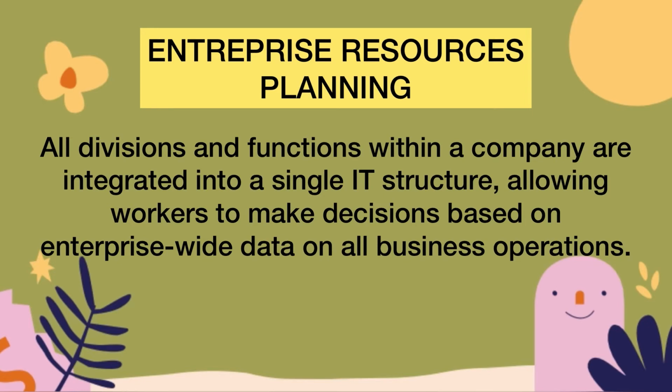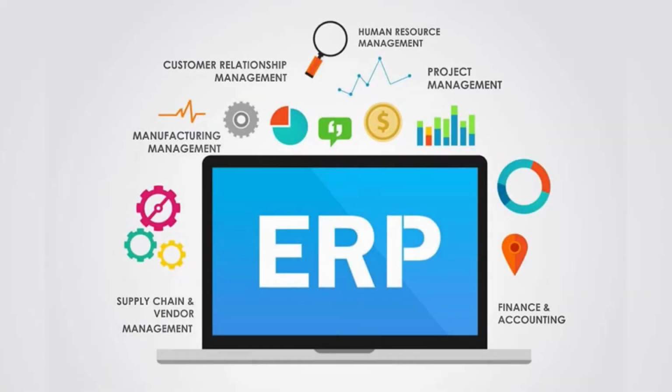All divisions and functions within a company are integrated into a single IT structure, allowing workers to make decisions based on enterprise-wide data. For example, customer information such as shipping process, address, and all problems related to the customer will be put into one system and every organization can look into it.